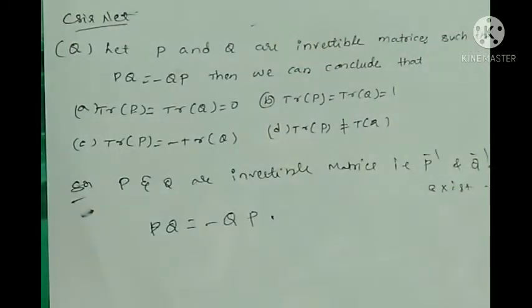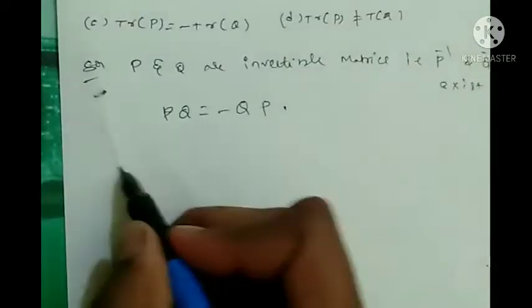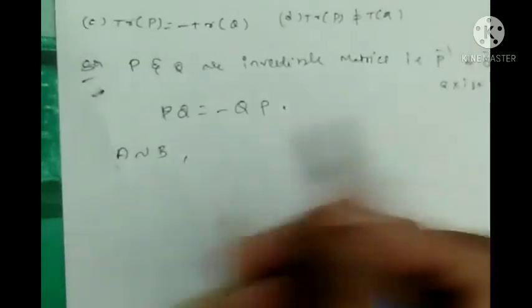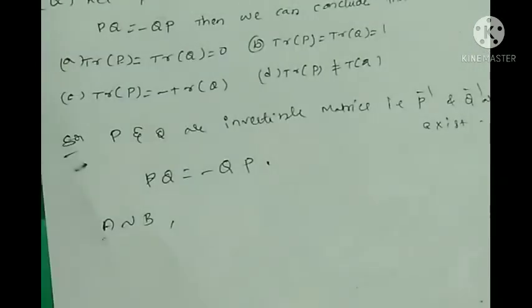Here we apply the concept of similar matrices. We know that if A is similar to B, I have already uploaded videos about similar matrices in depth, and I have also solved some examples asked in CSIR NET and KSET in my previous videos. Please watch those videos also.